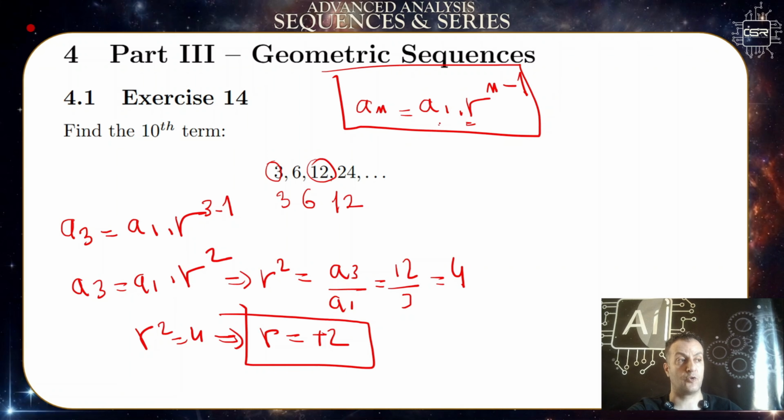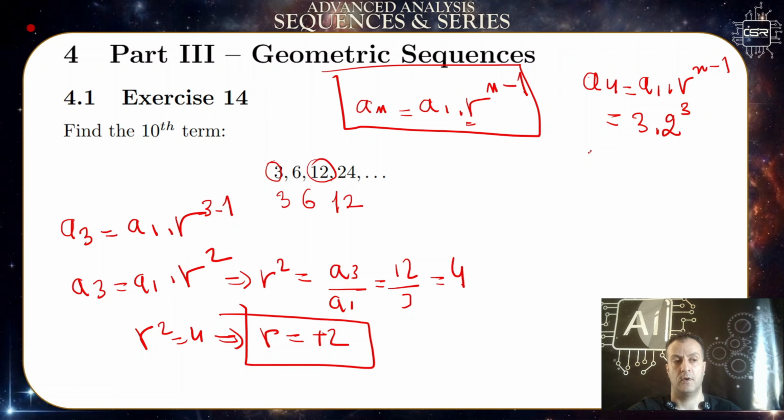Therefore, r is equal to plus 2. Let's try it for the term 24. 24 is the fourth term. So a4 should be equal to the first term a1 times r to the power of n minus 1, equal to 3 times 2 to the power of 4 minus 1, or 3, which is 8. 2 to the power of 3 is 8, multiplied by 3 equals 24, which is correct.